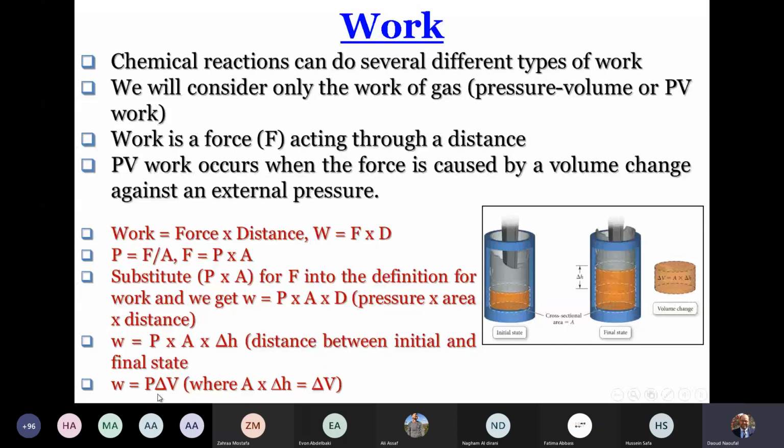You can use directly the relation. As a conclusion, the work is directly related to the pressure, and the work is directly related to the variation of the volume. So now we have to correct this formula. Is this formula in this form true, or we have to do some modification?